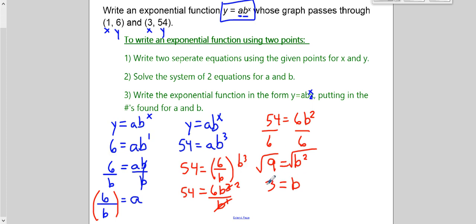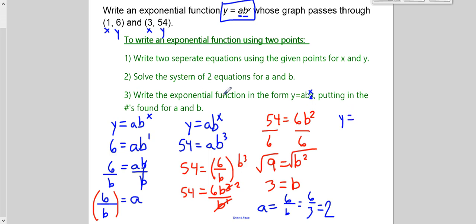So b is 3. And if b is 3, then a is 6 divided by b from over here. And 6 divided by 3 is 2. So b is 3, a is 2. Now you can write your equation.